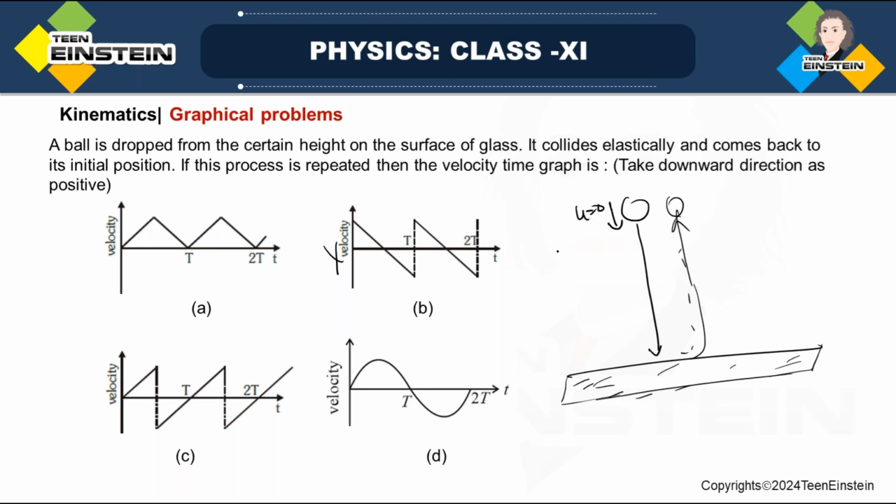Now let us see this A. In this case, if I take the downward direction positive, while going upward it will be negative, right? So there will be a change in the direction of the velocity, and that will happen just after collision.